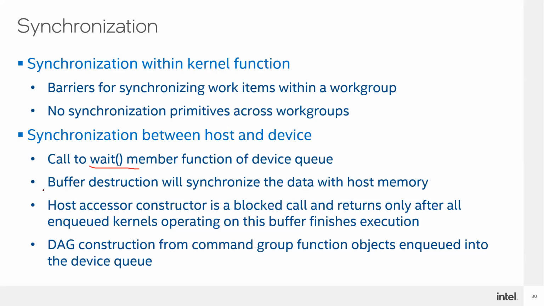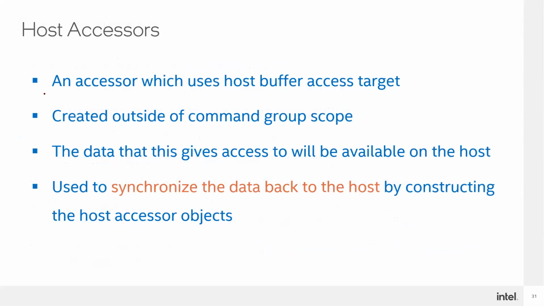Then we can use the buffer destruction to synchronize the data. We can use the host accessor. And also, as we already learned, the DAG, the asynchronous graph construction, also controls and synchronizes the execution, but implicitly. Inside the kernel, you can only do barriers and memory fences for synchronizing work items.